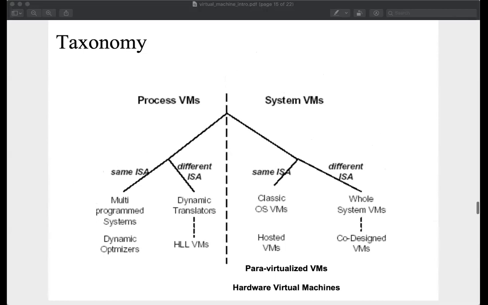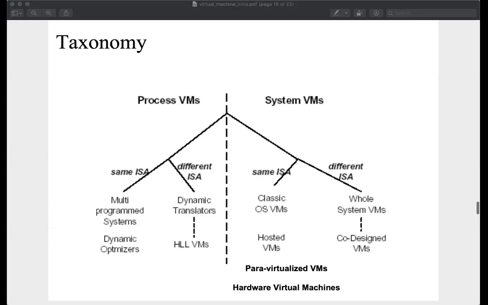And we also talked about different types of process VMs, different types of system VMs, and within that we looked at what is the difference. We looked at the interface level classification, how process VMs virtualize the ABI, such as system calls plus the user-level interface.